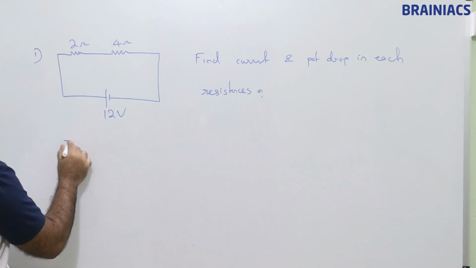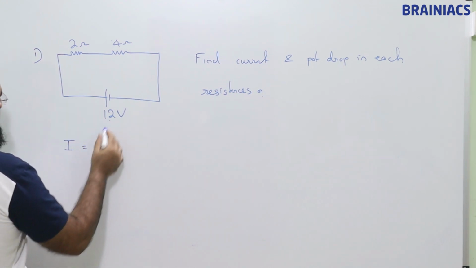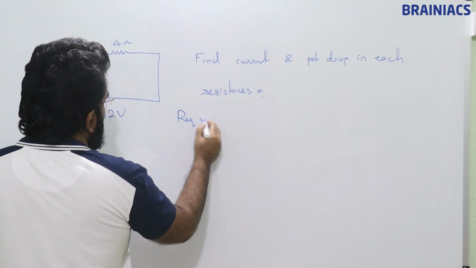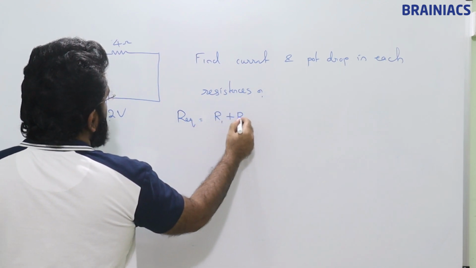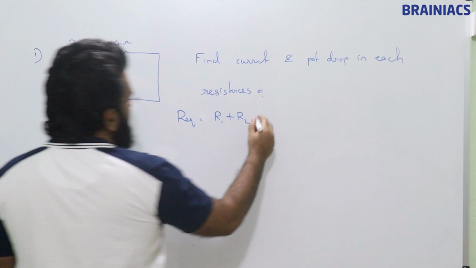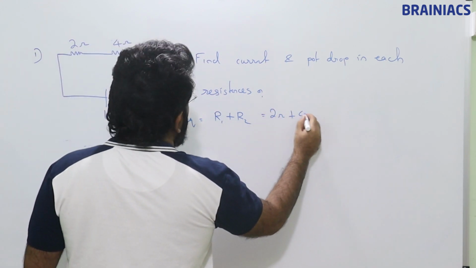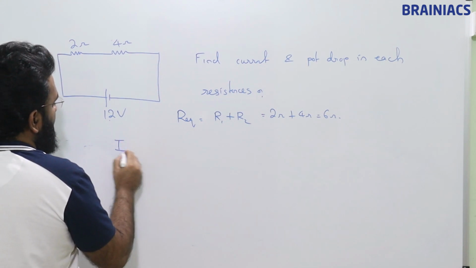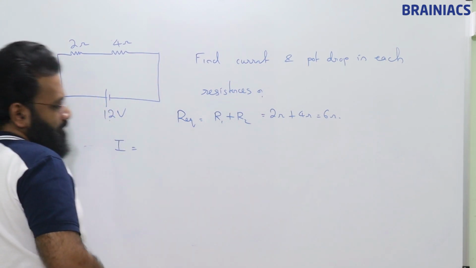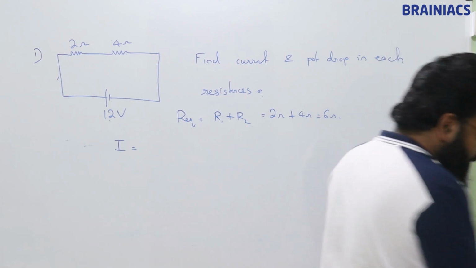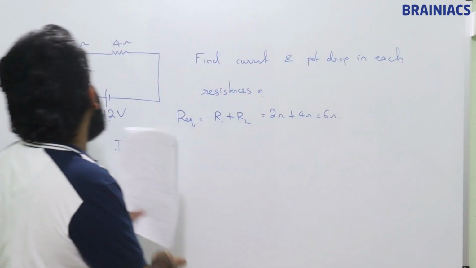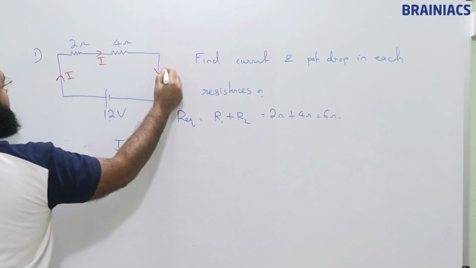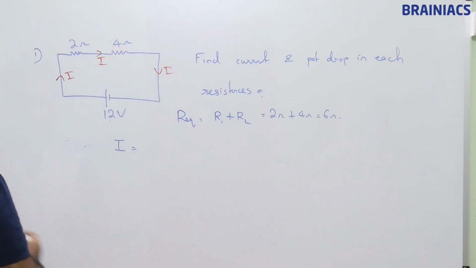So current I is equal to V by R equivalent. R equivalent is equal to R1 plus R2. This is a series connection, so 2 ohm plus 4 ohm we get 6 ohm. Series connection means the current will be the same across, so this is going to be I everywhere.